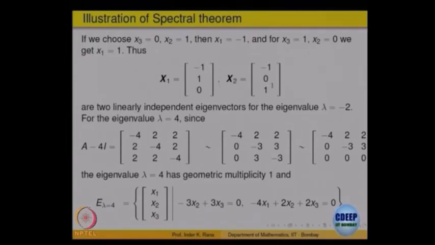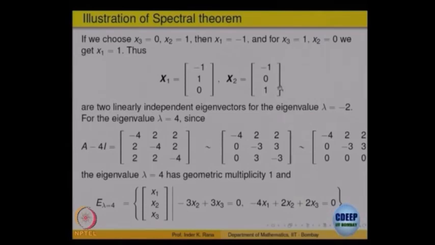So, these are the 2 eigenvectors corresponding to the eigenvalue lambda equal to minus 2, and these are linearly independent by our choice of x2 and x3.